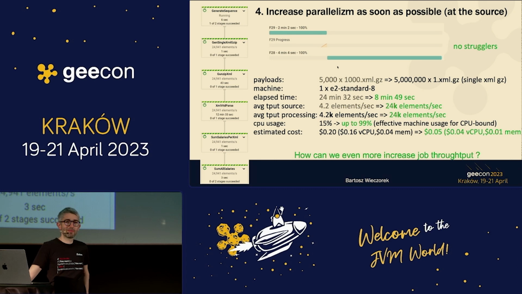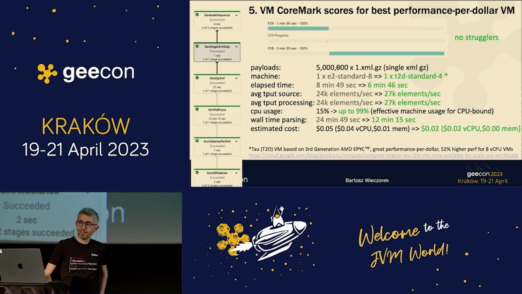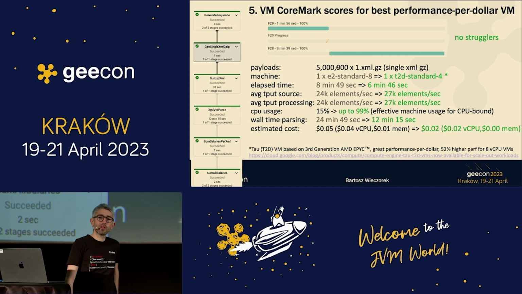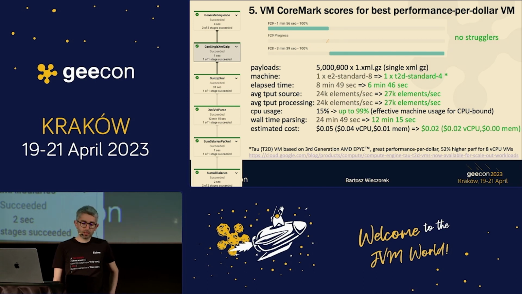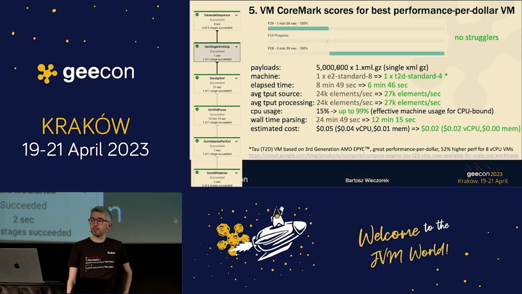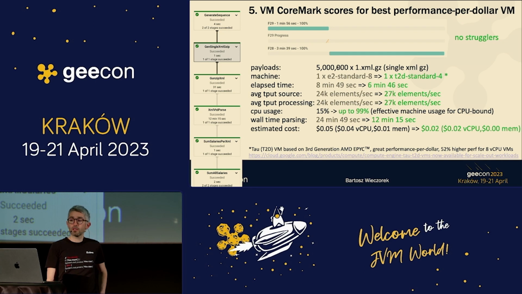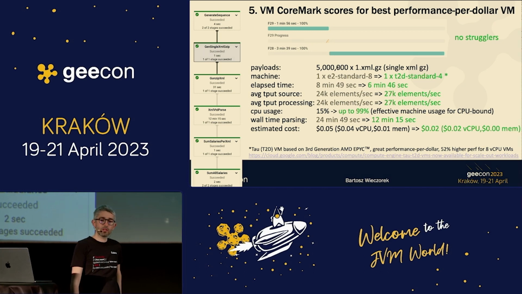Can we go faster? Machine type. There is a Google web page where they maintain so-called core scores for their machine families, and by going into that web page, you can find the CPU scorecard for each of the families.